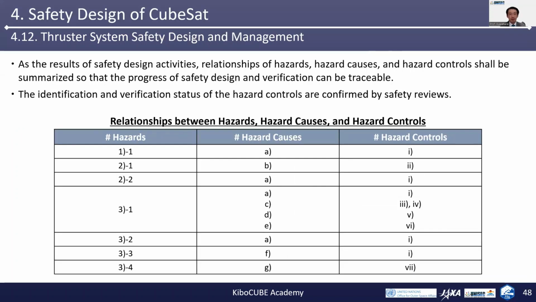As a result of safety design activities, relationships of hazards, hazard causes, and hazard controls shall be summarized, for example, in the way described in the table below, so that the progress of safety design and verification can be traceable. The identification and verification status of the hazard controls are confirmed by safety reviews of the satellite project.